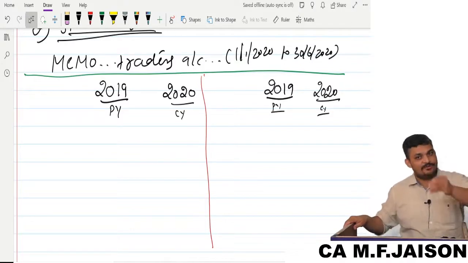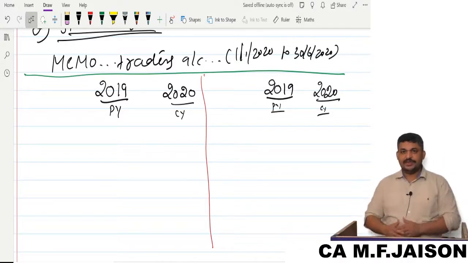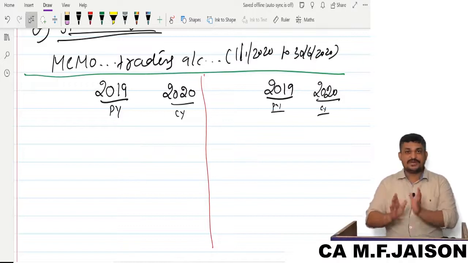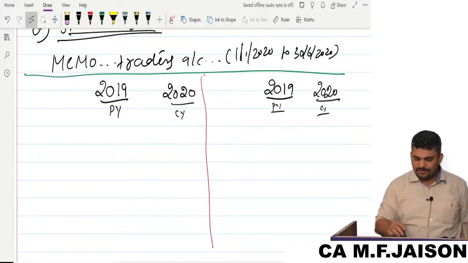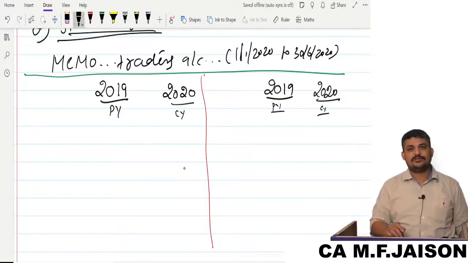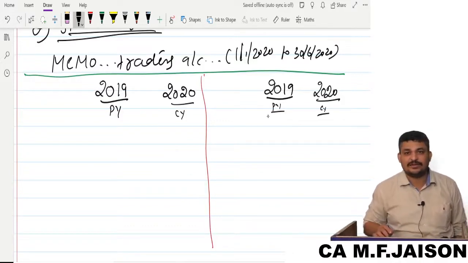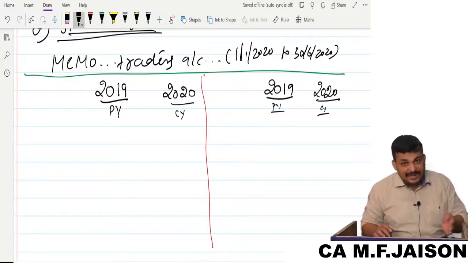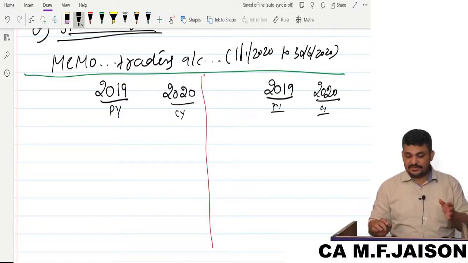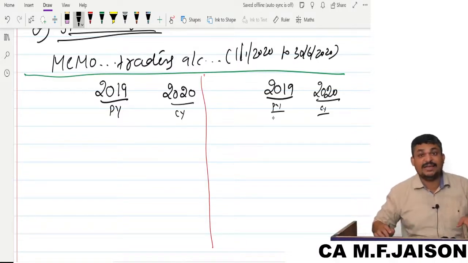So once again, when I spell out, follow carefully. The 2020 column will have 2020 information, that is 2020 purchases, 2020 sales, 2020 opening stock, etc. The 2019 column, what will I have? This is the previous year column, no. So which information, previous year or current year? I will have current year information at the previous year price.